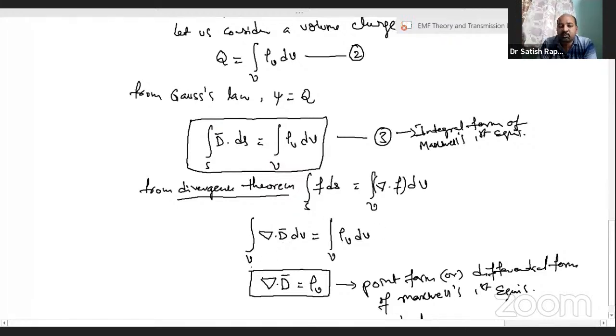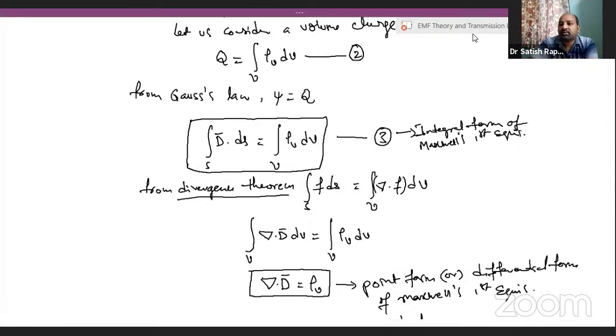Both sides have a volume integral, so finally we have del dot D bar is equal to rho v. This is nothing but the point form or differential form of Maxwell's first equation. Equation 3 is the integral form of Maxwell's equation, and this equation is the differential form of Maxwell's first equation.